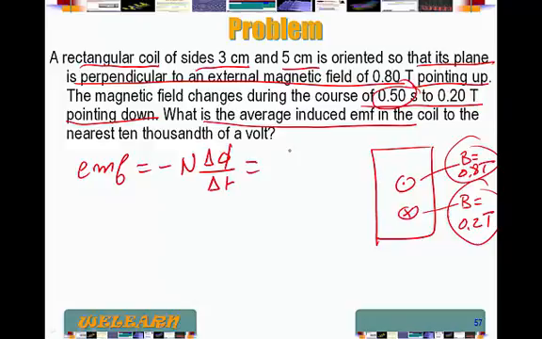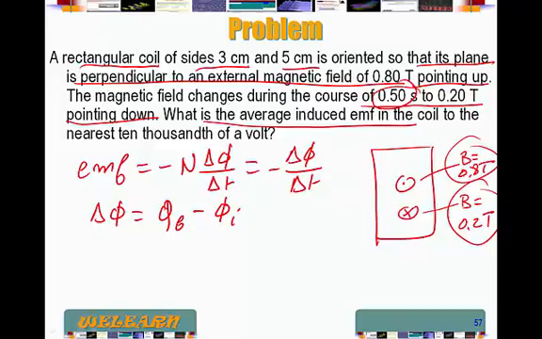In this case we have only one coil, so it's going to be minus delta phi over delta t. Now delta phi is going to be phi final minus phi initial.